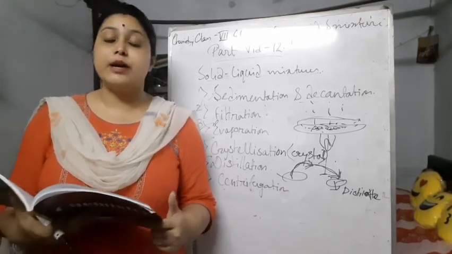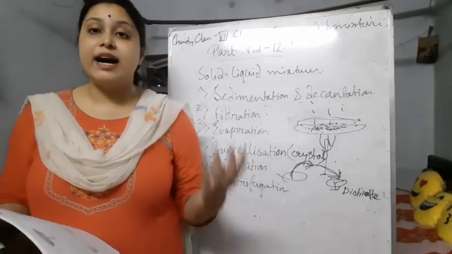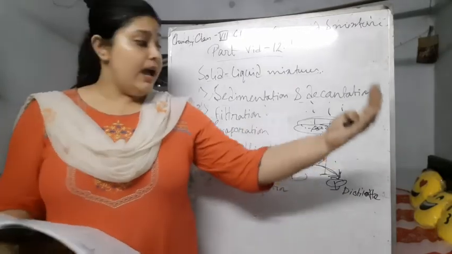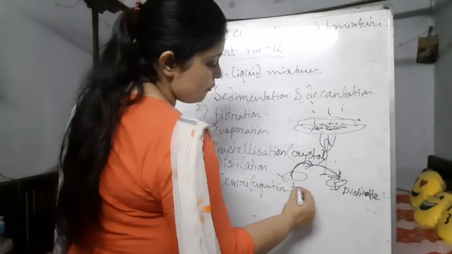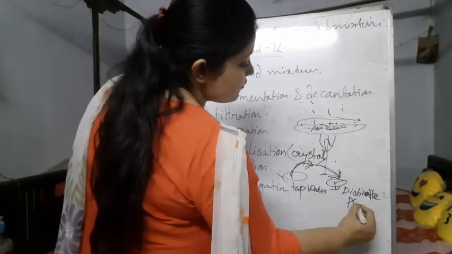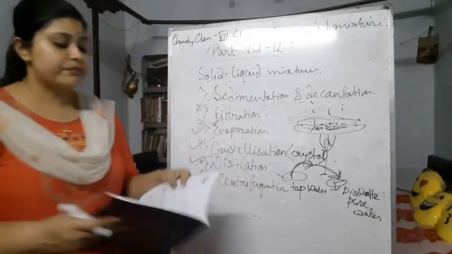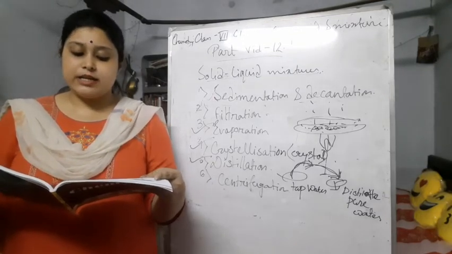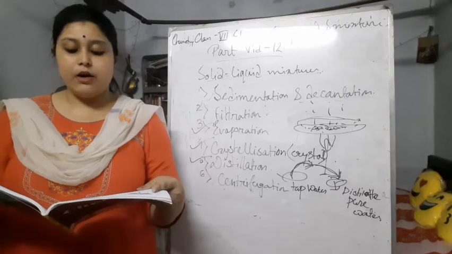From the tap water, by this procedure, the solid particles are left behind and the water is evaporated out and then condensed, and we form the distillate, which is the purest form of water. The advantage of this procedure is that both the components of the solid-liquid mixture are obtained.